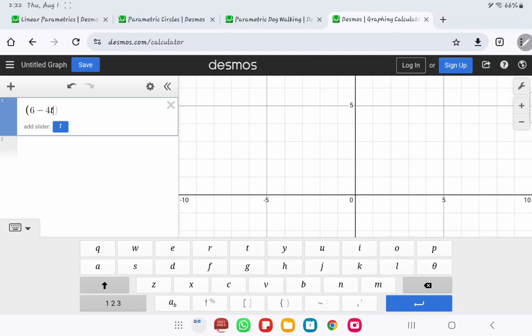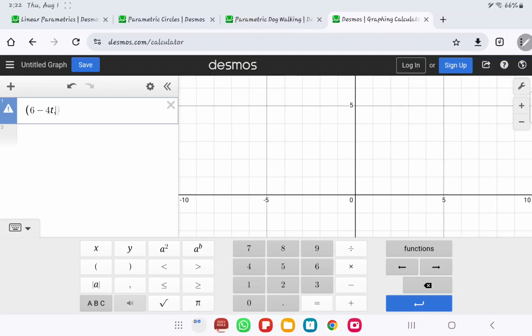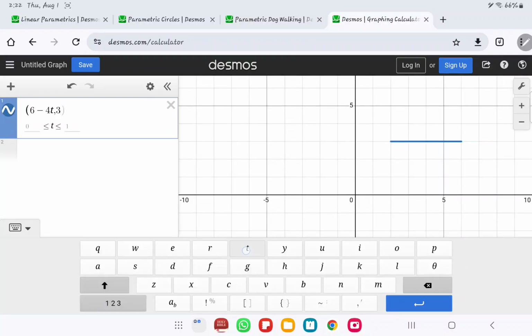And again, you want to make sure you use that parameter t. It says add a slider, don't do that yet. And then comma, and then our y was just 3t. So 3t. And now it knows to put in that equation right there.